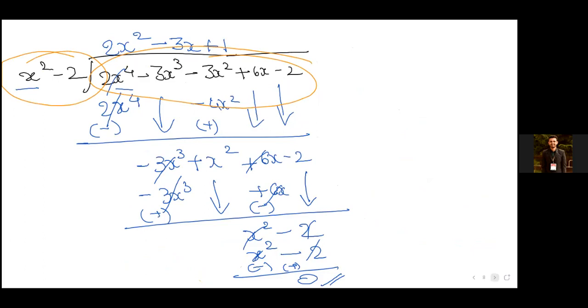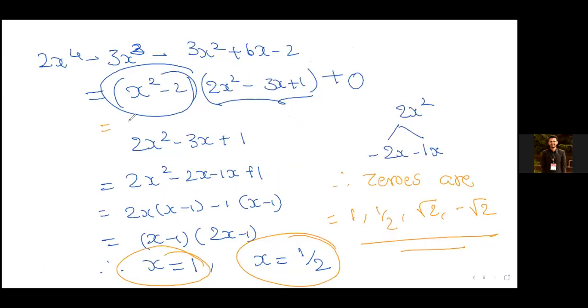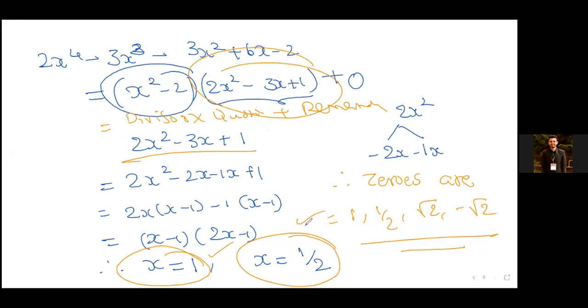Then we use the formula of divisor into quotient plus remainder, and in that we can see that this quotient can be further factorized. When we factorize the quotient, we obtain the other two zeros. Clear?